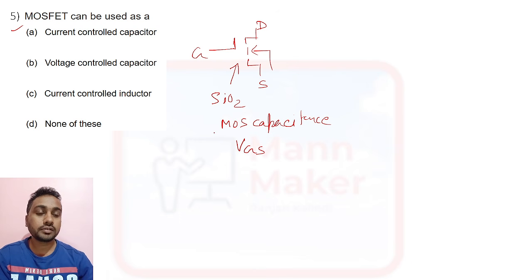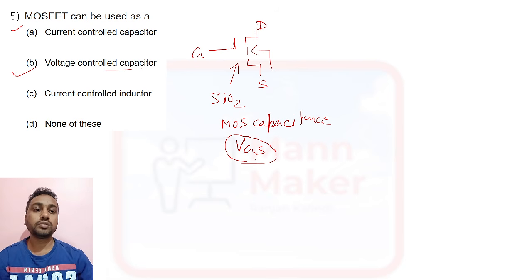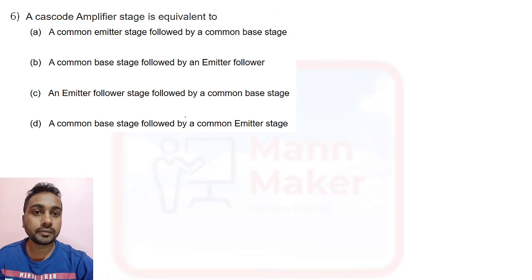So we can say that this is a voltage controlled capacitor because it is controlled by the gate to source voltage. So option B is the right answer from here.